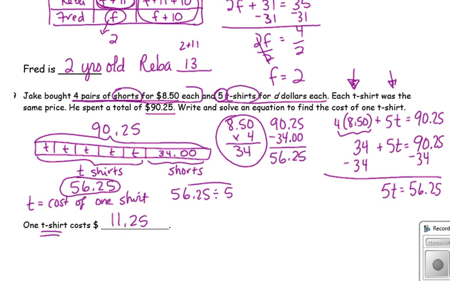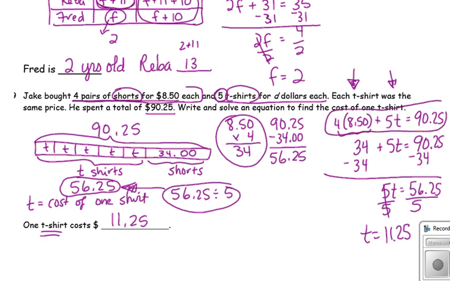And that's what we did right here to see how much money we had left. Finally, divide the cost between the 5 shirts, and that's how you get your final answer of $11.25 per shirt.